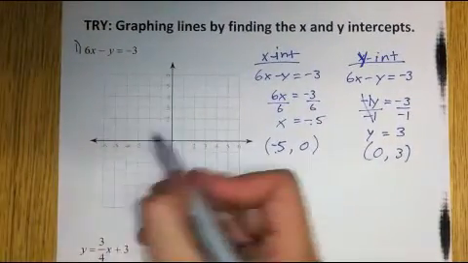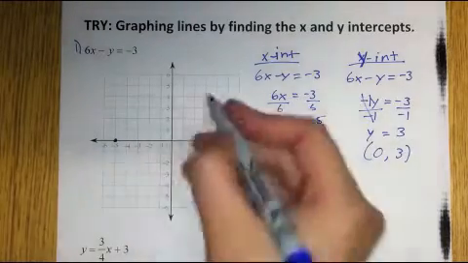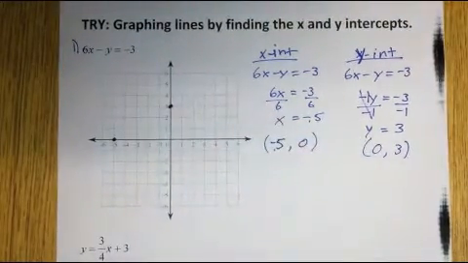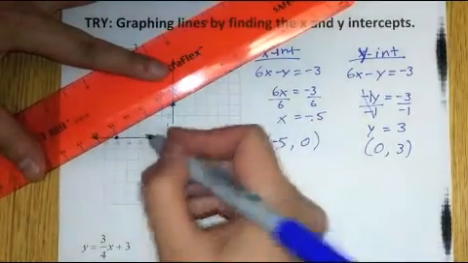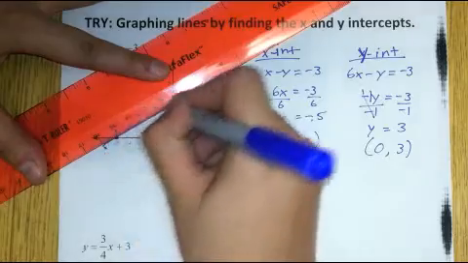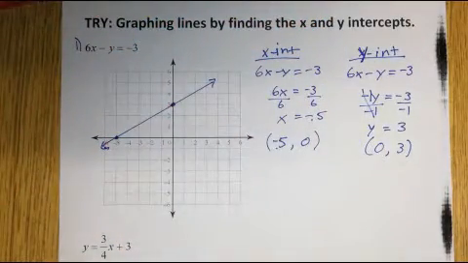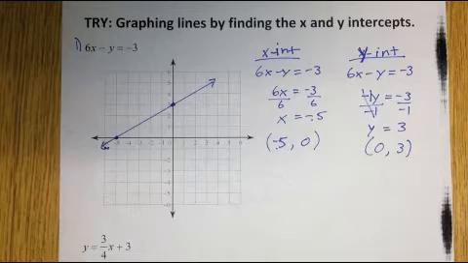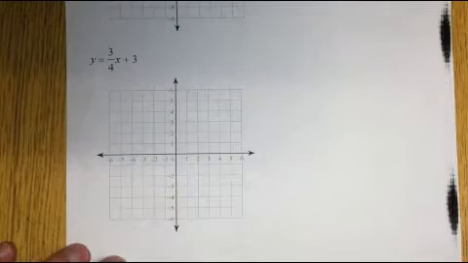Plot it. Negative 0.5, 0. 0, 3. Got a line. Draw it. And you're done. Okay. One more try problem for you guys. Remember, look this over, pause it, work it out, and then come back for the explanation.